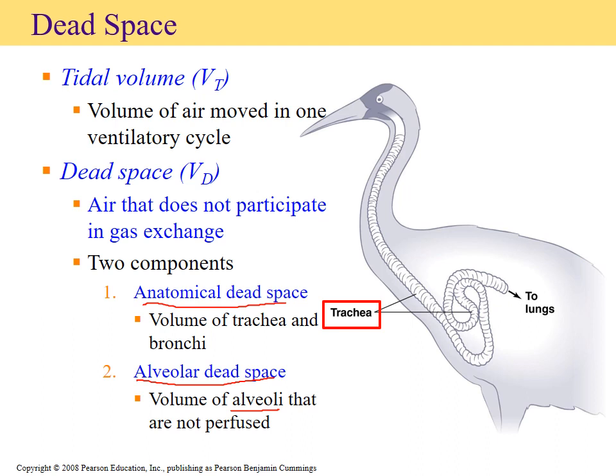Now, because animals like cranes or giraffes have a high amount of anatomical dead space, usually we see that their body will compensate by increasing their tidal volume. They'll suck in more air with a single breath, because we know that the air has to travel far before it can actually do its gas exchange.